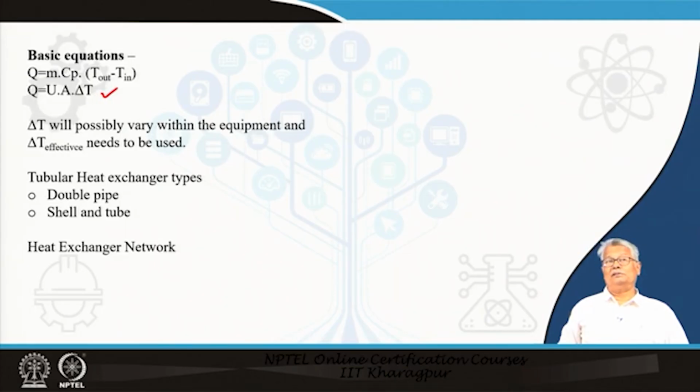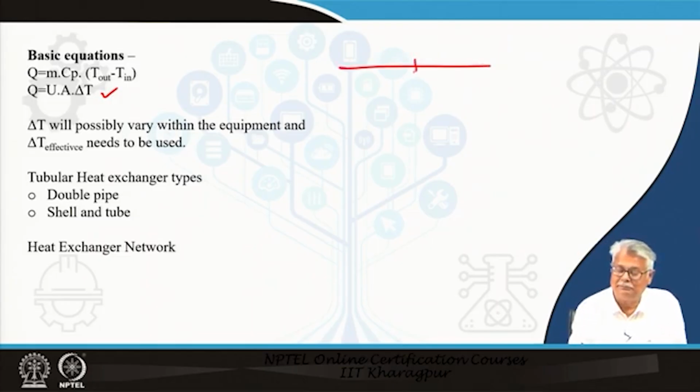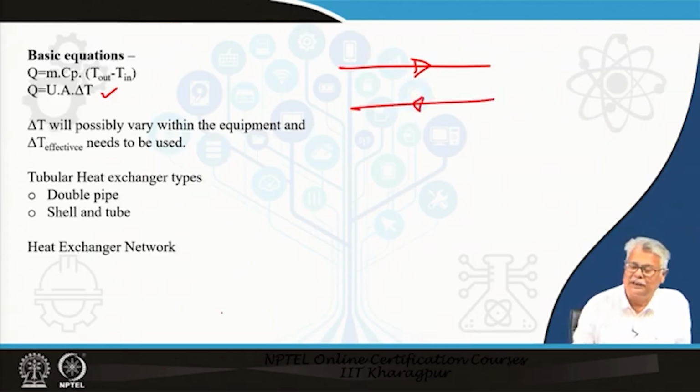There is something which is important now. If you are talking about a heat exchanger, I am more than sure that you are aware of the tubular exchangers, in which two fluids flow with flow rates M1 dot and M2 dot. This is T1 in and this is T2 in.